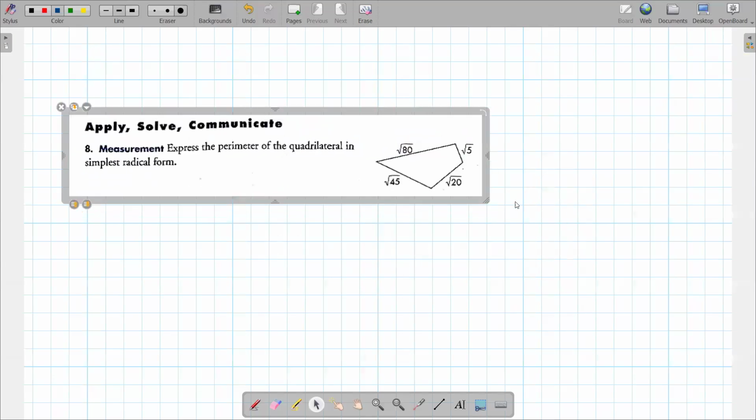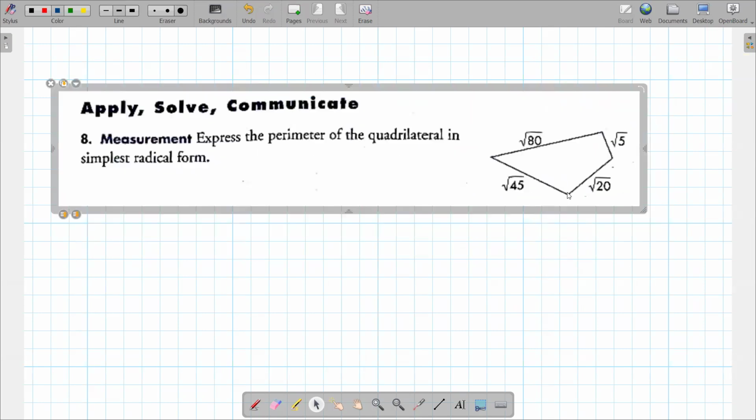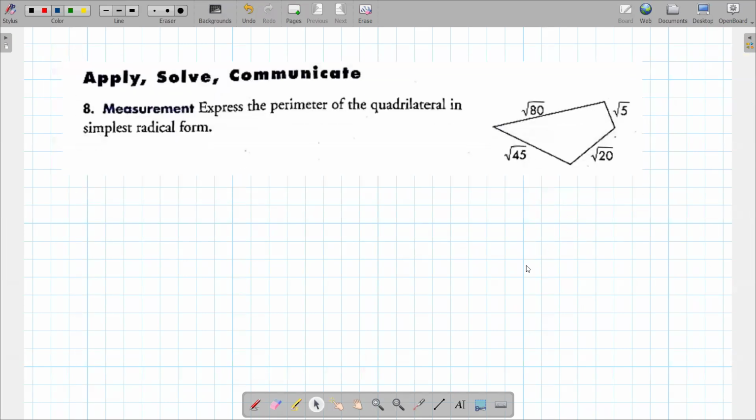First of all, what is this shape? Is it a trapezoid? Yeah.